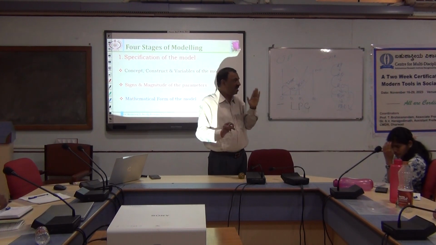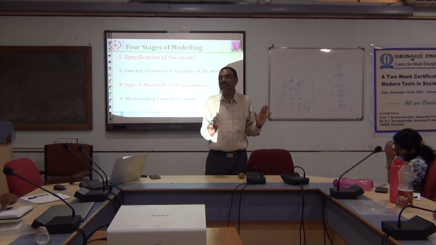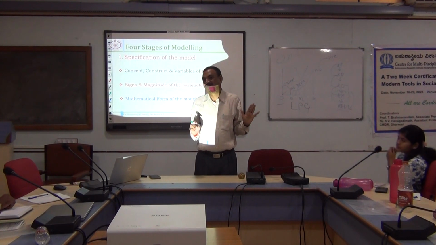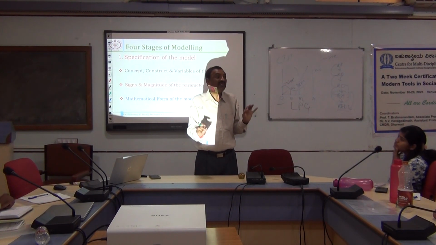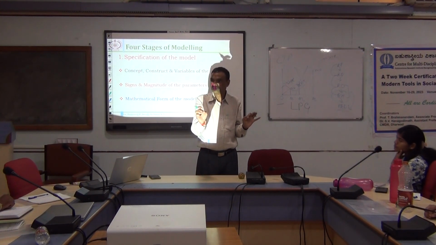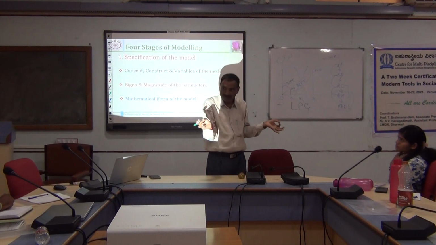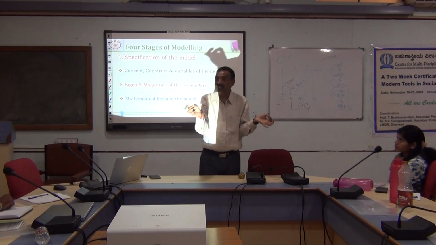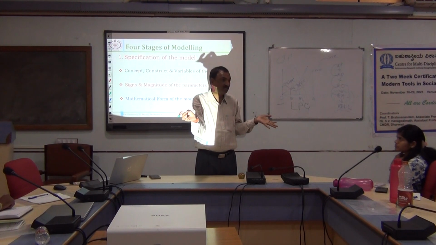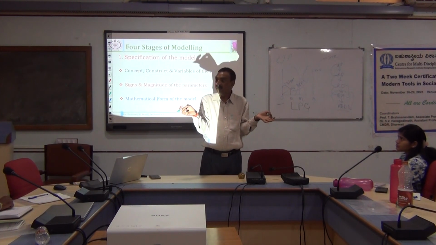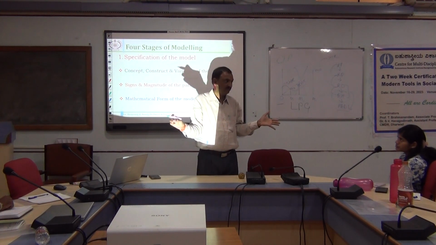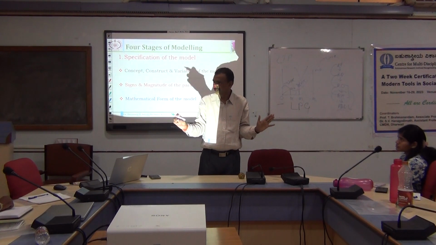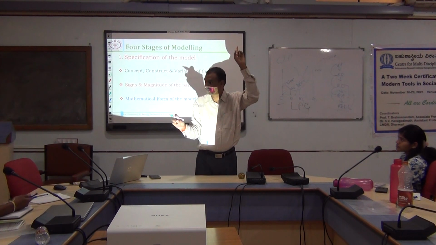Now I will not ask what objectives are, I will ask what a hypothesis is. It is a tentative statement of a relationship of variables which is yet to be tested. For example, demand, supply and price are interlinked. It is a statement, but it is yet to be tested.